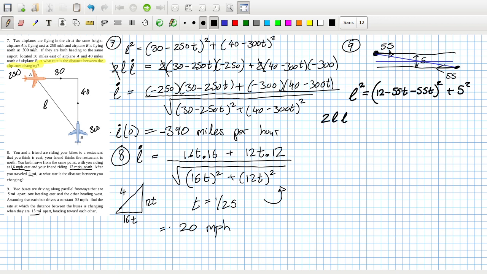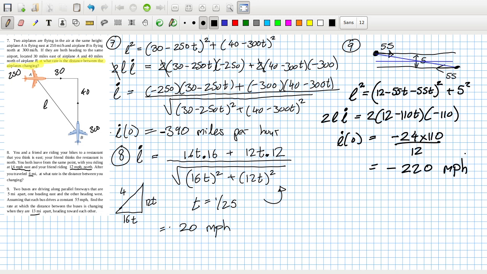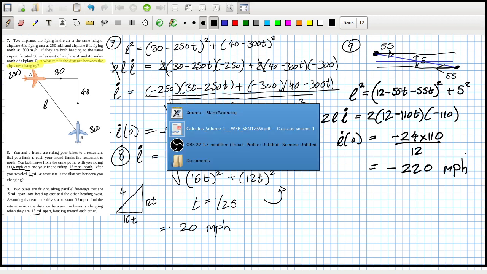So 2L dot will be 2 times (12 minus 110t) times minus 110. And when the t is 0, that will be minus 24 times 110 over L, which is 12. So that's minus 220 miles per hour. Now that's going with the 13 being the diagonal.